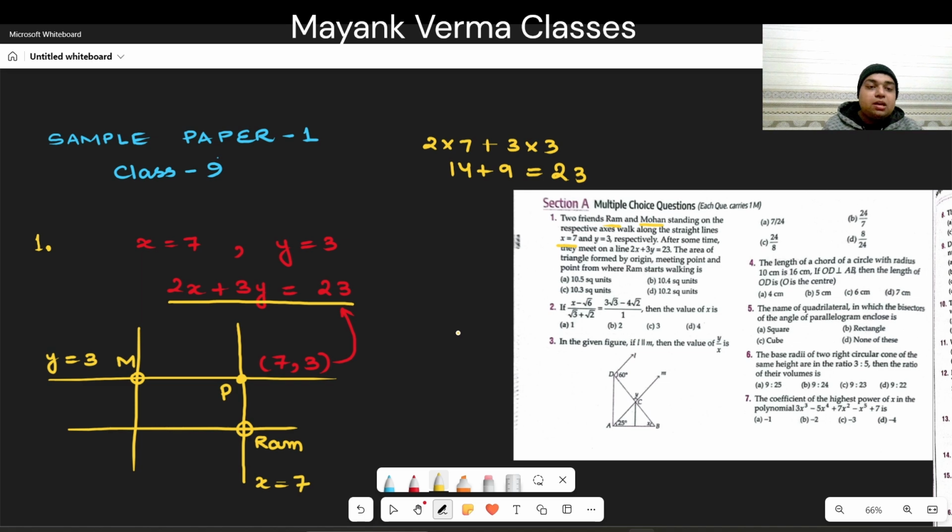Because this is the solution of this line. Now y = mx + c is the equation of a straight line, right?